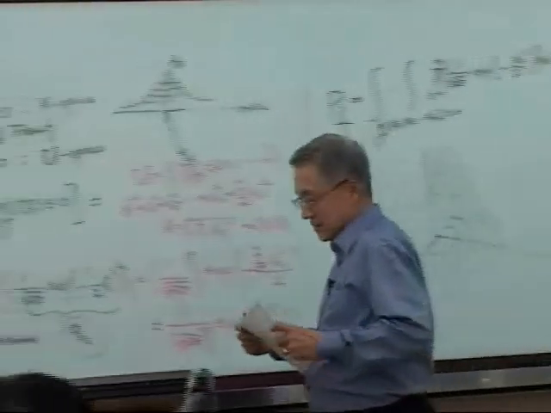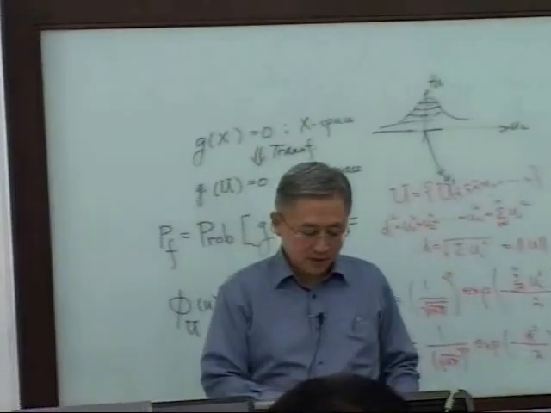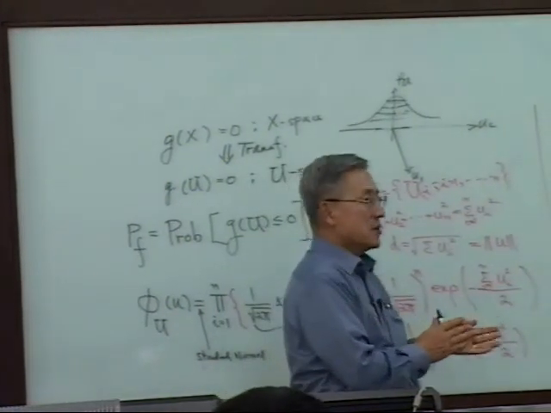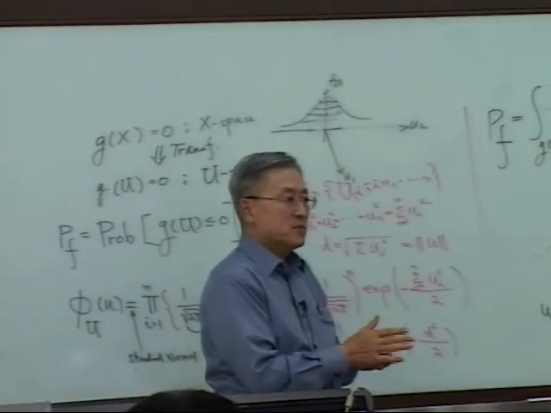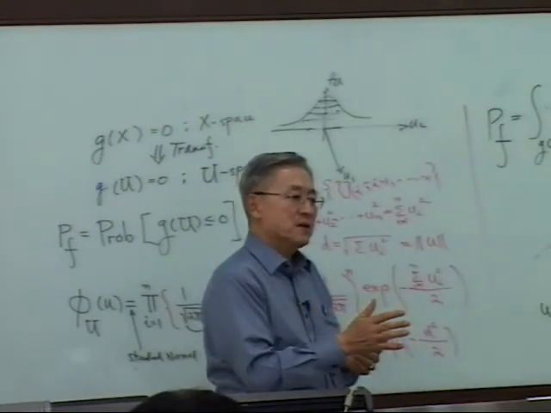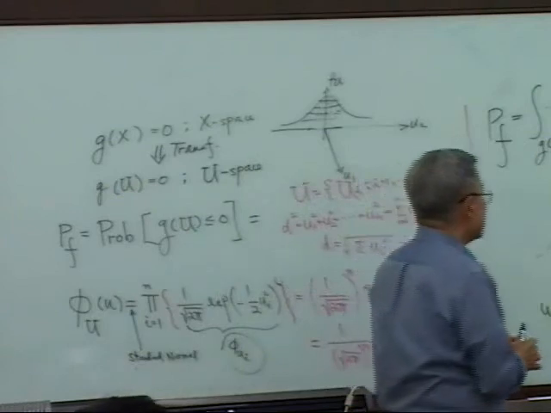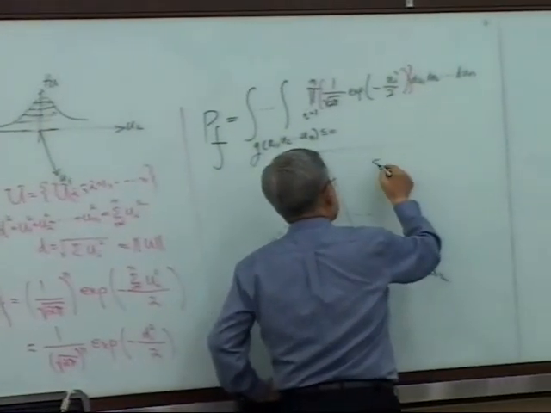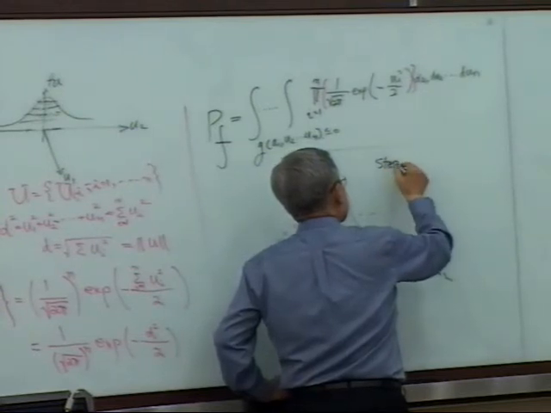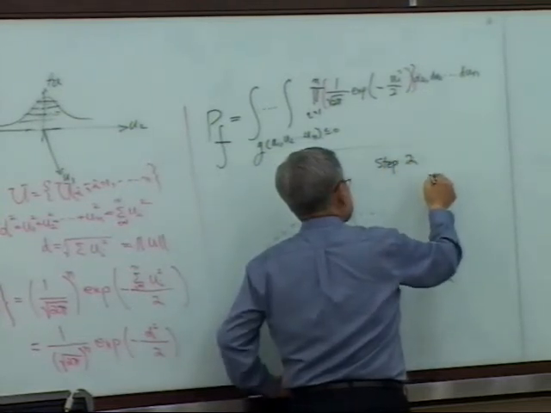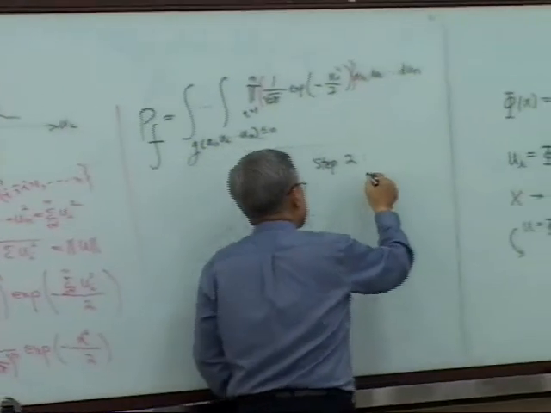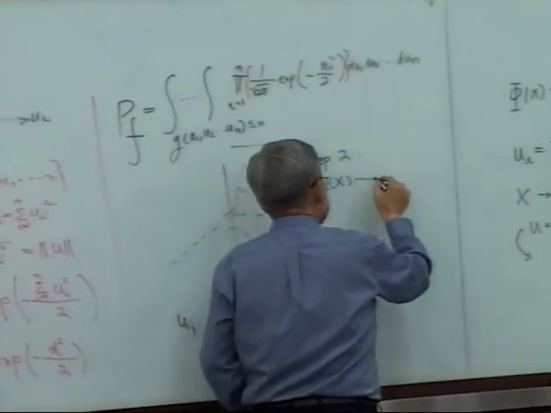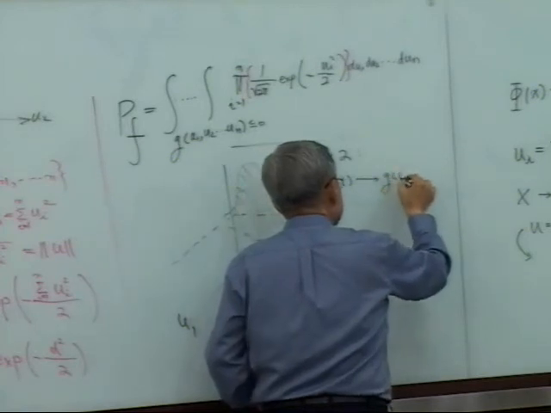Okay, I think I'm going to stop right here, and Friday we're going to do step 2. Step 2 is simplifying the GU function. We'll look at simplifying the G function. We'll look at the GX, of course we'll look at the GU.